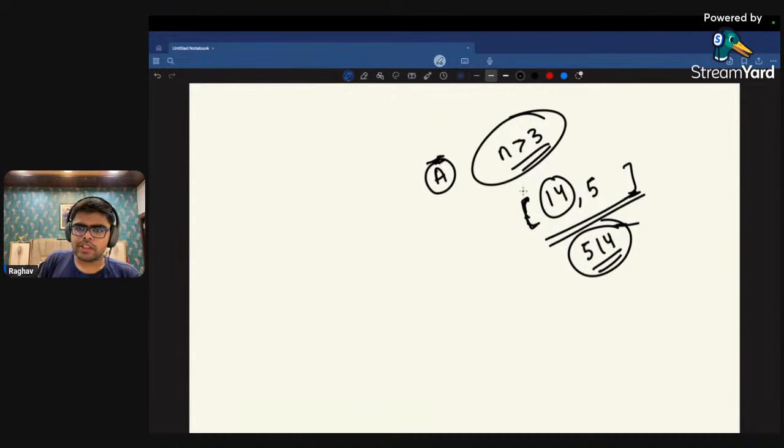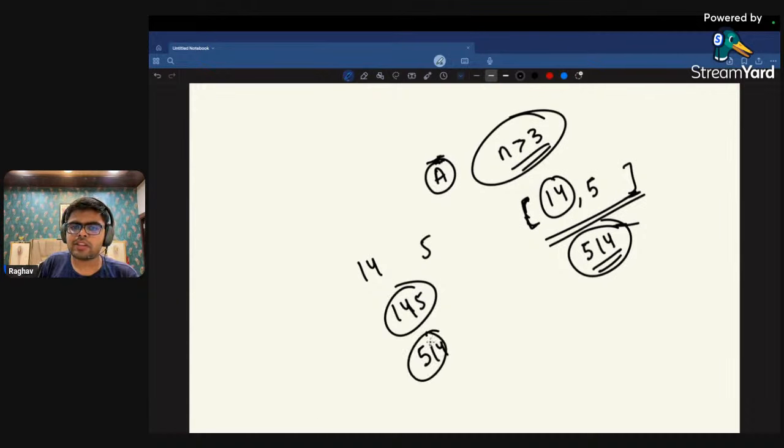So in this case, you could just sort them in such a way that if there are two numbers, 14 and 5, you would check: is concatenating them like this giving you a bigger number, or concatenating them as this giving you a bigger number? Obviously this is giving you a bigger number, so 5 should come before 14 in the concatenation.